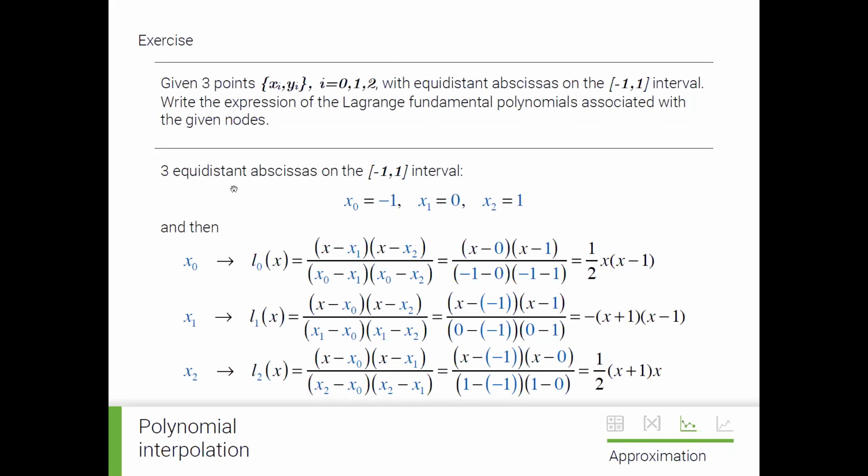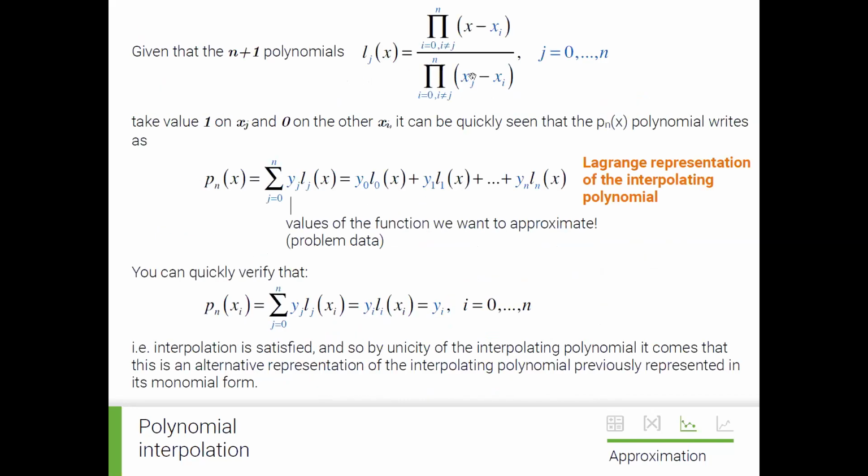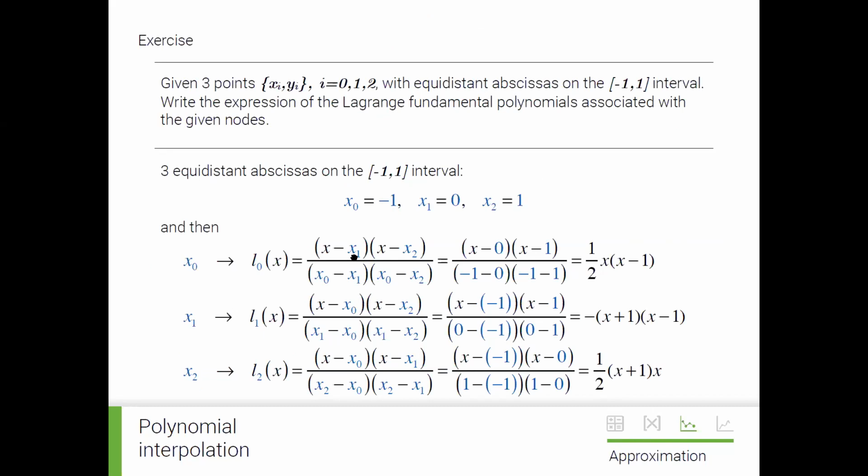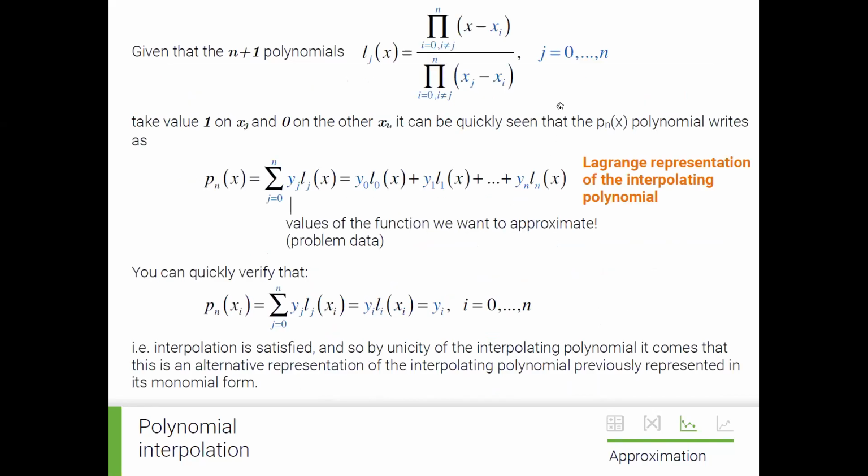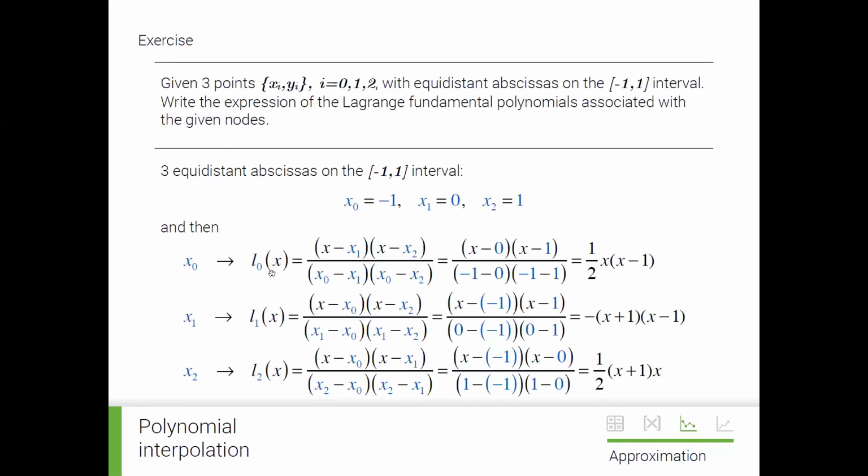And here we have this L function from this definition. We just put our nodes instead of xi and xj. So it will be x minus x1, x minus x2, then x0 minus x1, x0 minus x2. You can see here we consider L0 with x0, and the other ones will be xi.